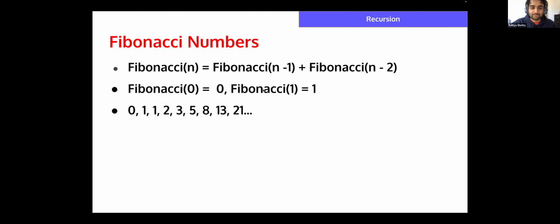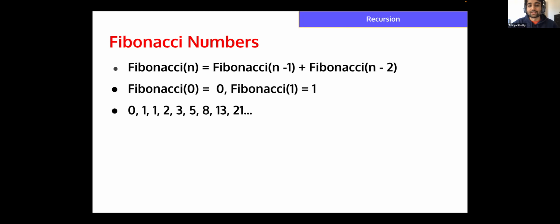So no surprise, mathematical sequences are a common situation in which recursion occurs. Another one you might be familiar with is the Fibonacci sequence. This is basically a sequence where the next integer in the sequence is just the sum of the previous two integers.